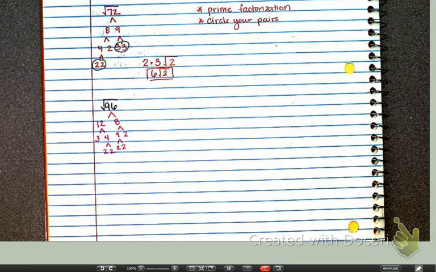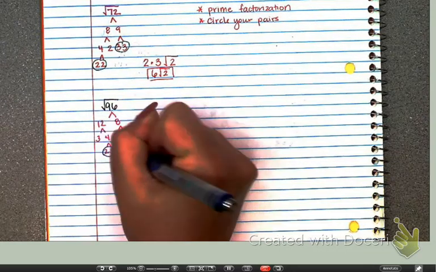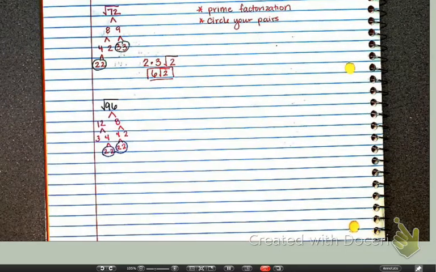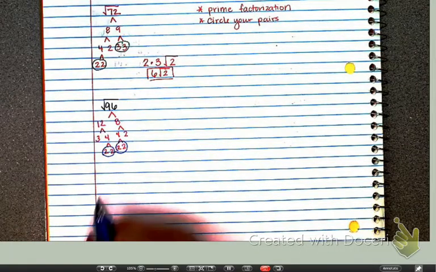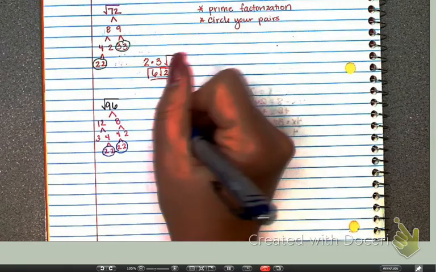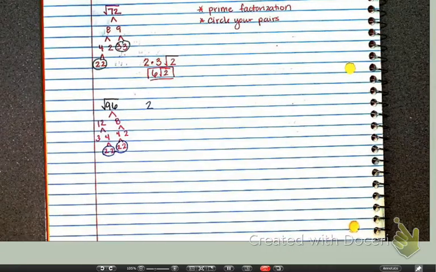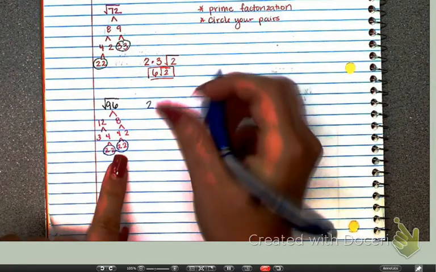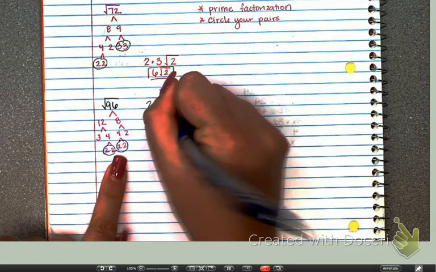And those are all my prime numbers. I'm going to circle my pairs. What do you see pairs of? 2s. I see a pair of 2s and another pair of 2s. Right? Okay, so remember, that pair leaves the house and goes on a single date together. This pair leaves the house and goes on a single date together.